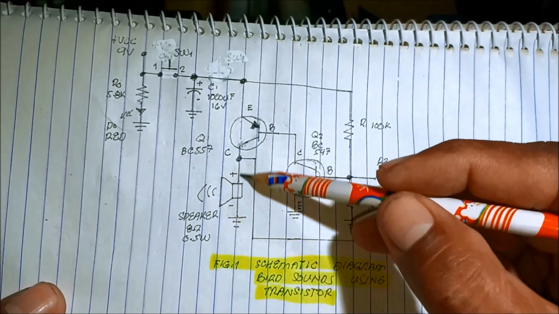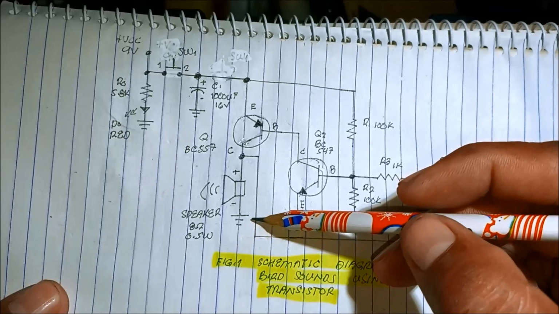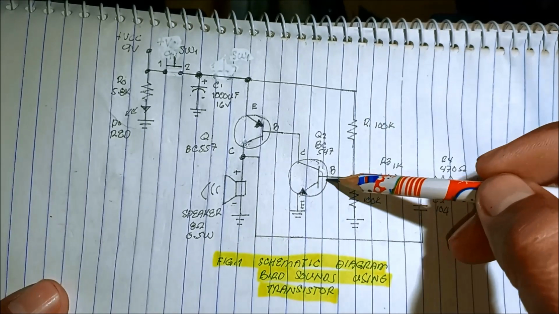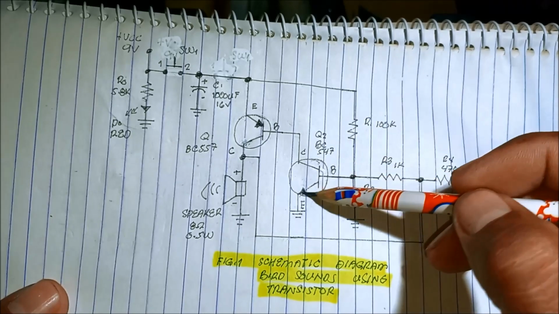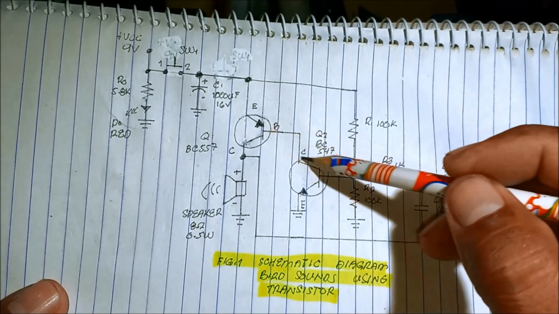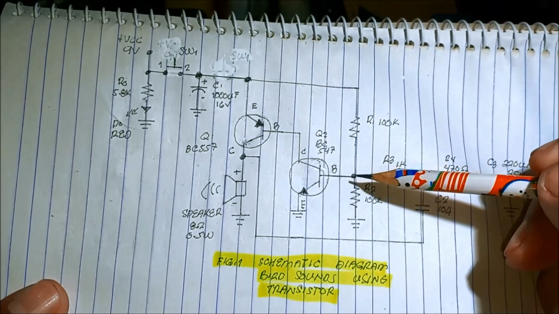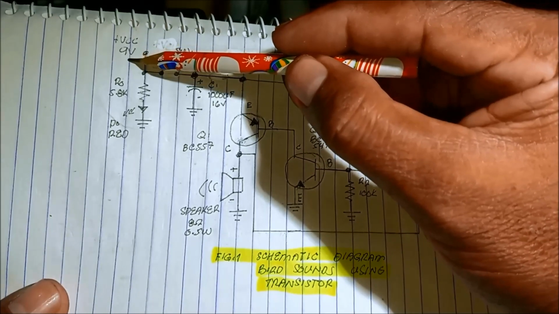The output is the speaker, 8 ohms, 0.5 watts. And we have these 2 resistor, serve as the biasing resistor to the transistor. So this 2 transistor serves as a switch. And then we have the power supply of 9 volts.